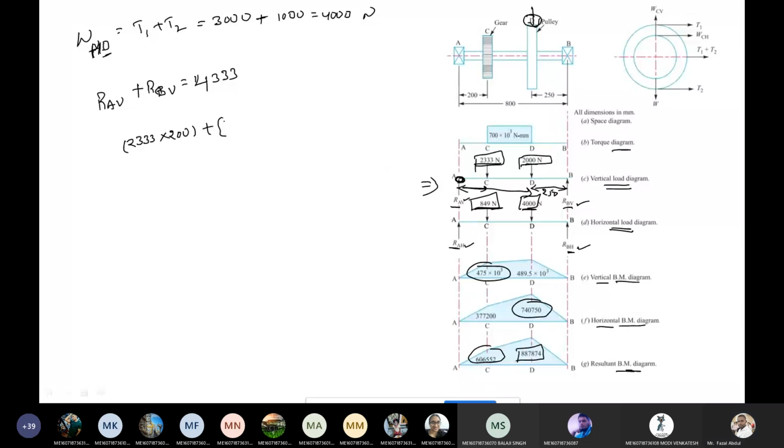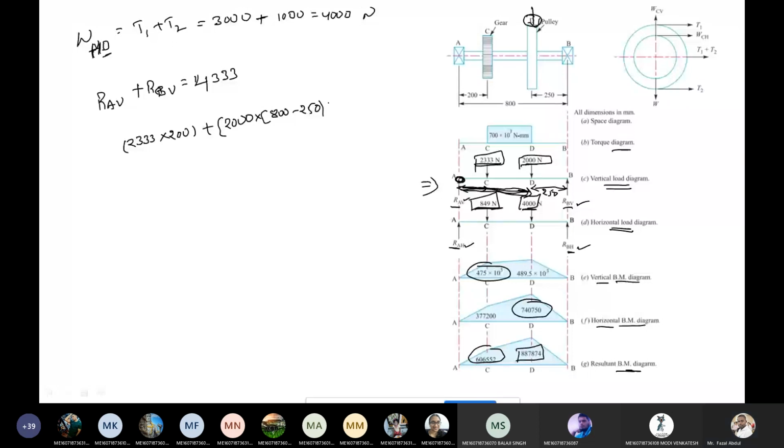Plus 2000 into 800 minus 250. Why am I writing 800 minus 250? I need the length from here to here only, not from here to here. So from the total length I am subtracting the 250.